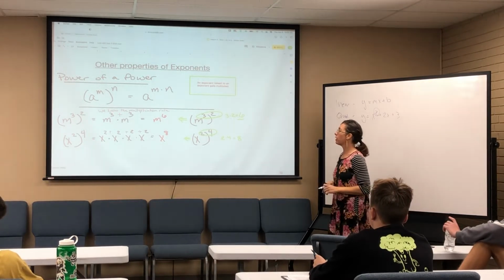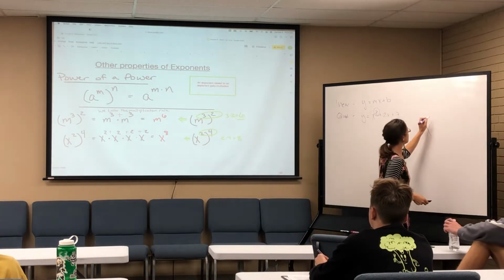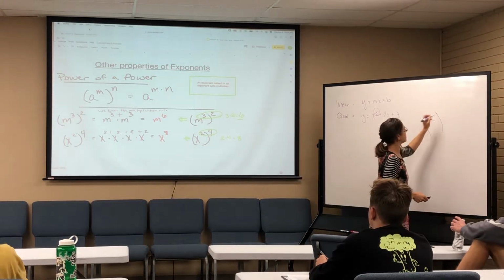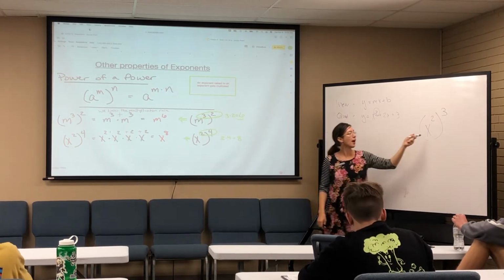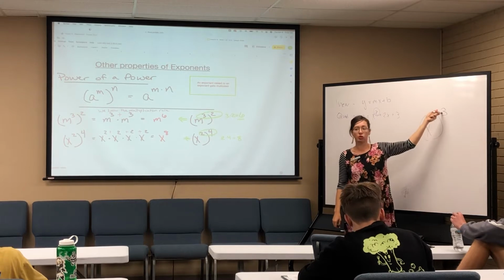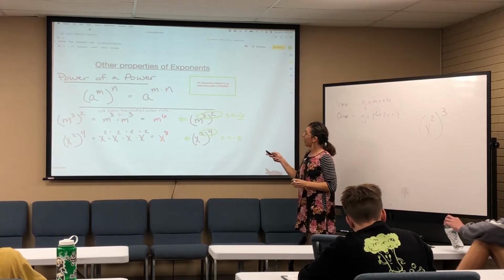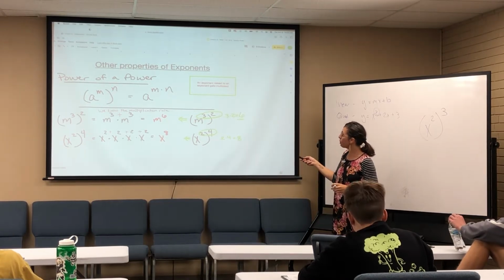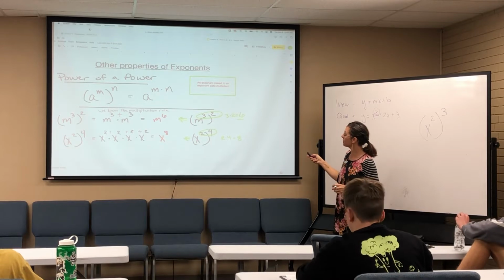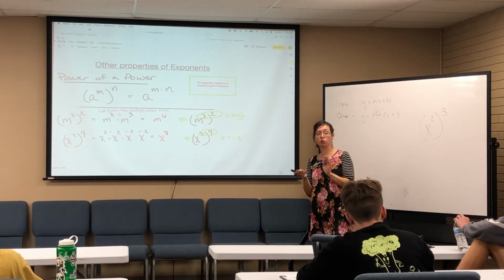Okay. So we're real familiar with multiplying with the same bases. What happens when we start raising them to a power? So if I have x squared and I raise that to the 3rd, so now I have x squared cubed. Okay? So the rule for that is instead of adding, we're actually going to take the two exponents and multiply them together instead. So any exponent raised to another exponent gets multiplied together.